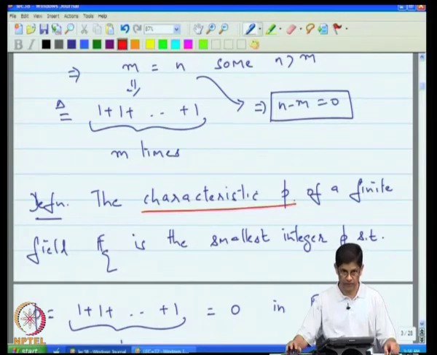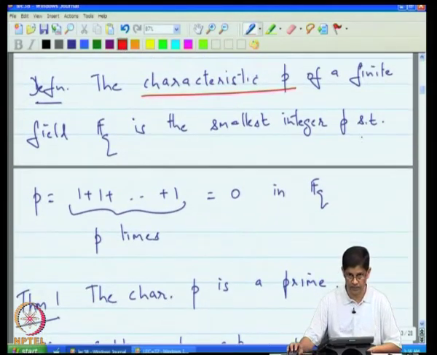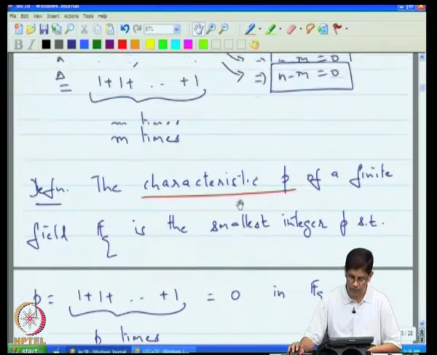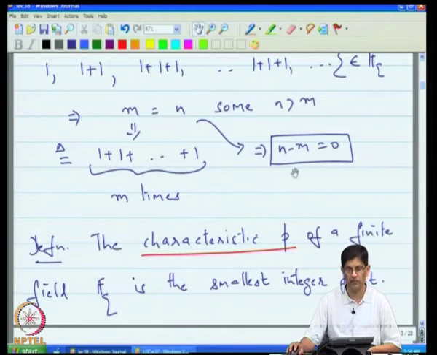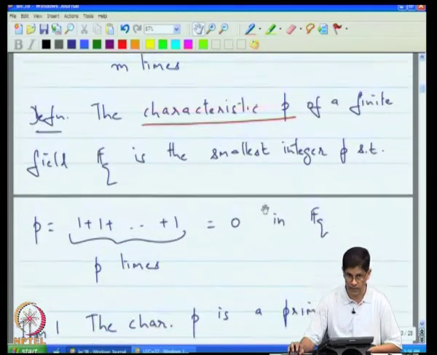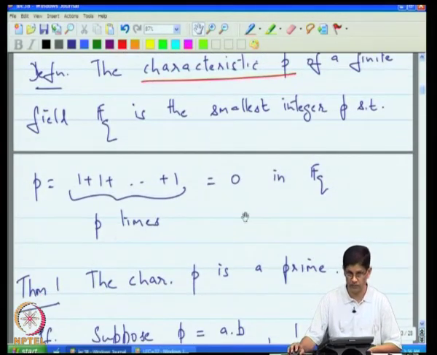The characteristic of a finite field is the smallest integer p such that when you take p copies of the identity element under multiplication, you will actually get 0. We have already seen that there must be some integer such that it is equal to 0. Now we are saying let p be the smallest such integer such that p copies of 1 when added together will end up being 0.